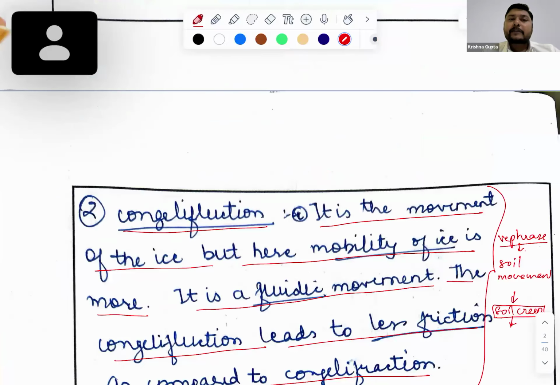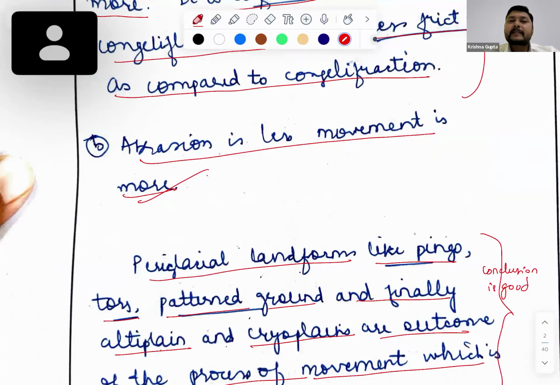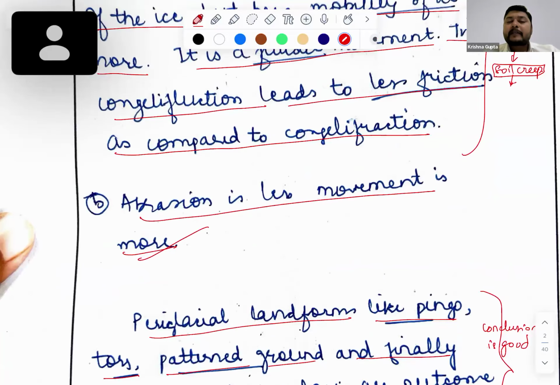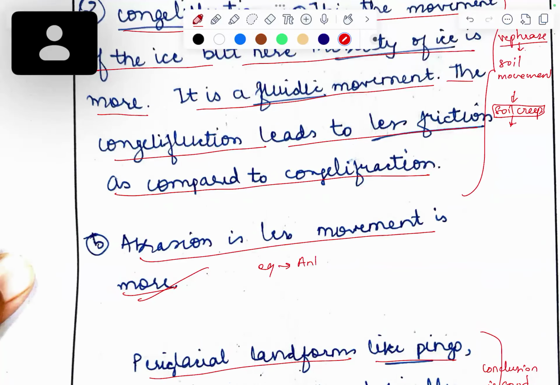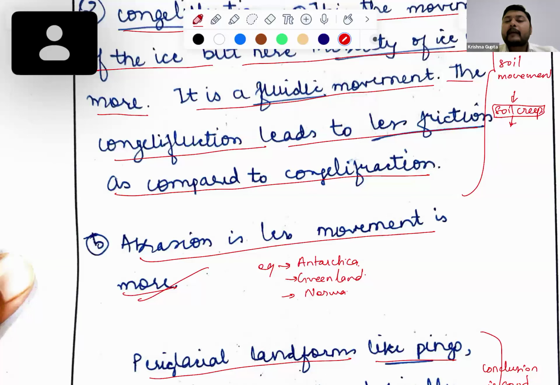The examples are also provided here. You can give certain more examples, such as from Antarctica or Greenland, or certain areas from Norway, and also Siberia, because these processes take place in a very frequent manner.